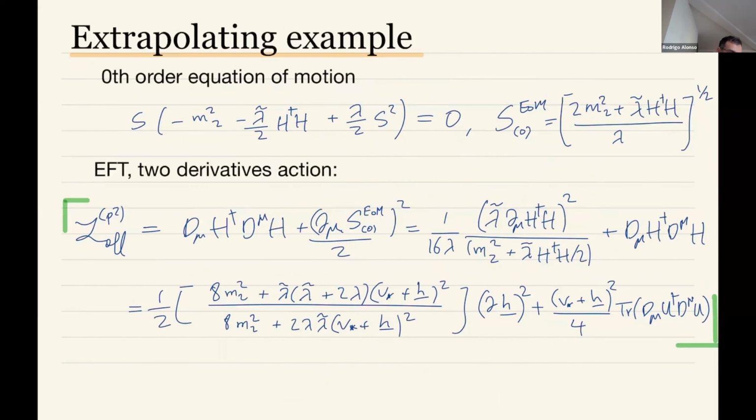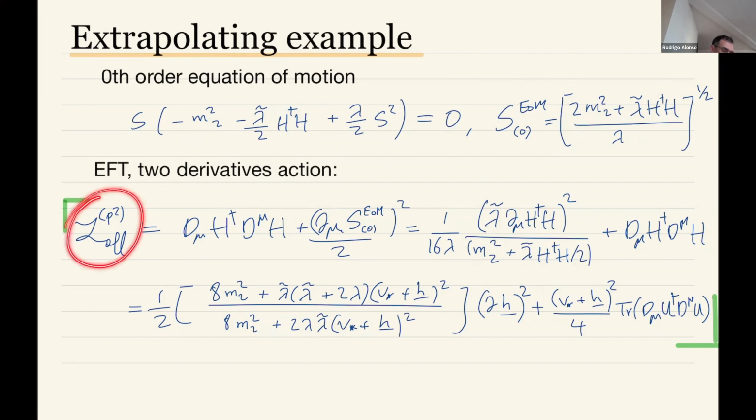From this zeroth order equation of motion, we solve this equation by canceling this term here. And this gives us the zeroth order solution for S as a function of the Higgs doublet and also the masses, with the whole thing under a square root, as you can again derive yourself.